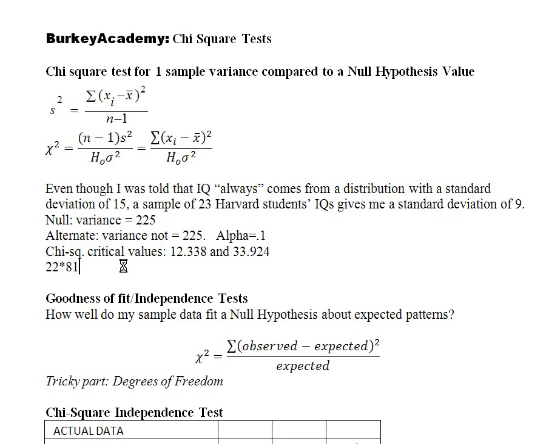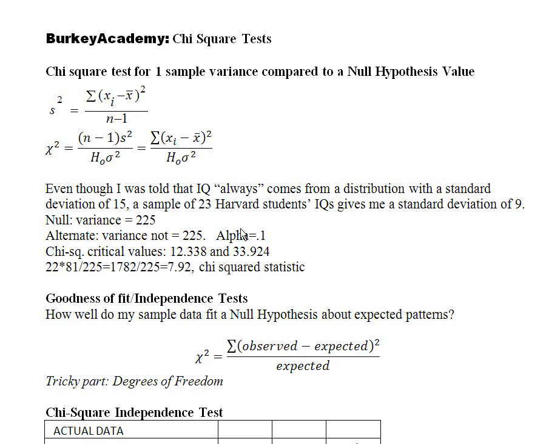That's going to give us the numerator of this chi-squared statistic. Then we need to divide that by the null hypothesis value of the variance, which is 225. So 225 on the bottom. Pause the video and calculate that and see what you get.